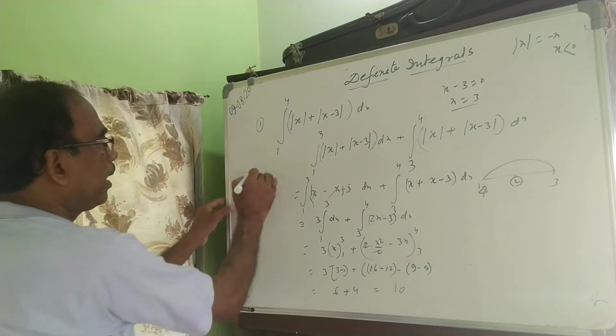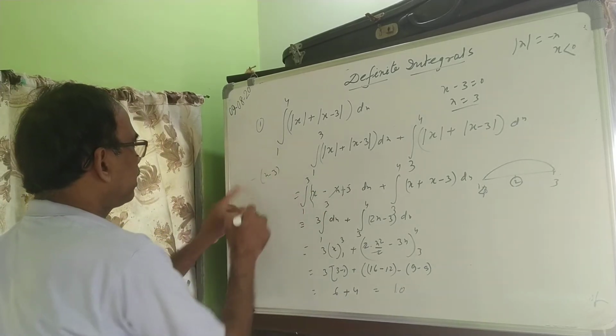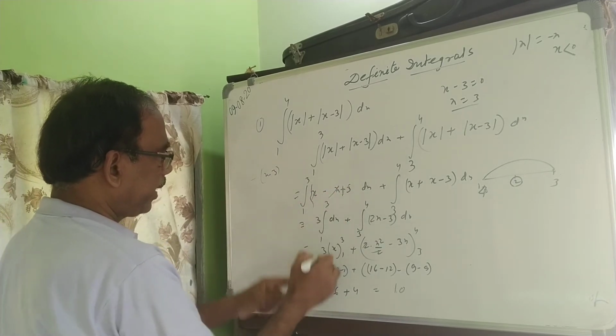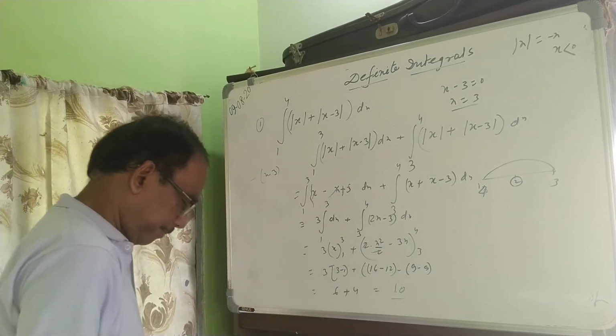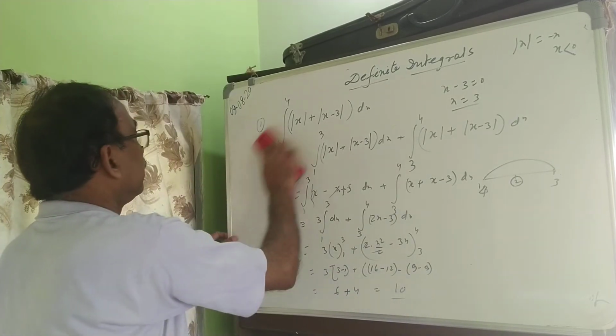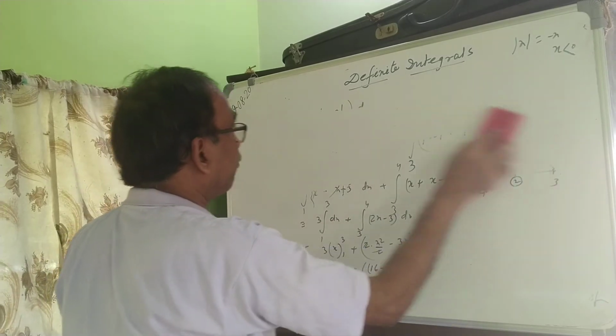Here it is minus x minus 3, minus x plus 3. This should be positive, that is 3 dx. That is 3. So the answer is 10. The modulus of this function is evaluated, and the total final answer is 10.